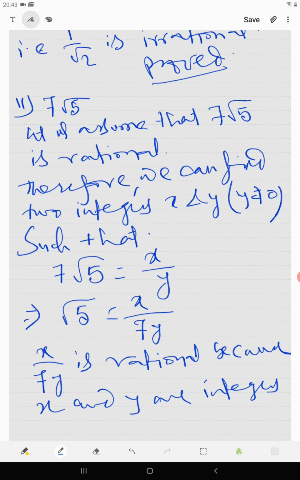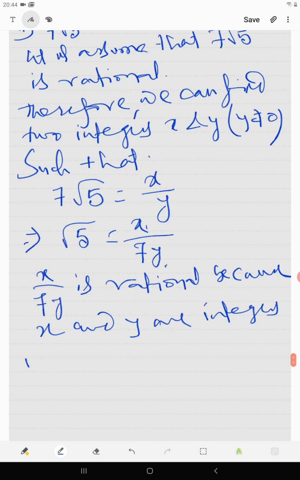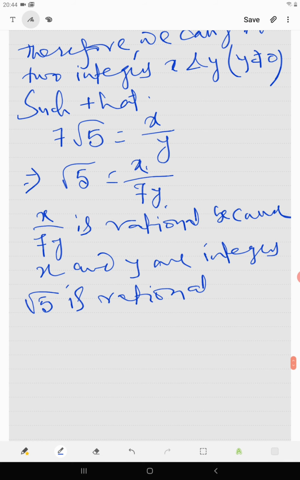If y is an integer, 7y will also be an integer, so x by 7y is integer by integer, a rational. And of course, for the bottom one, if y is not 0, 7y is also not 0. Correct? So x by 7y will be rational. Now, if x by 7y is rational, then of course this proves that root 5 is rational. So here we contradict.